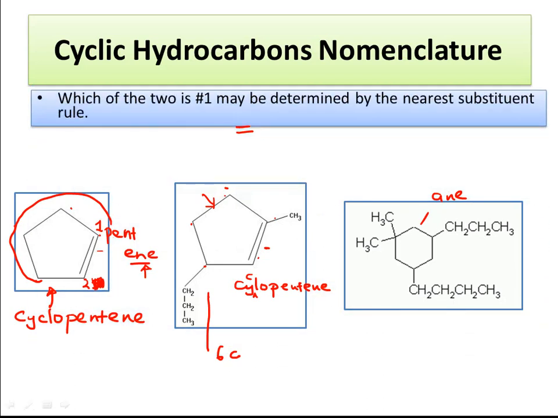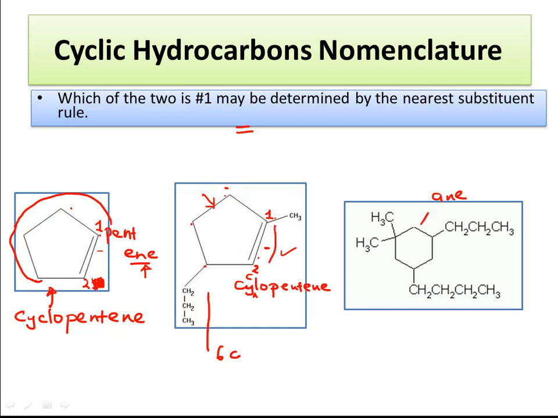Okay, moving on, let's take a look at the next one. Which of the two is number 1 may be determined by the nearest substituent group rule. So let's take a look at this example here. If I decide to say this is carbon number 1, I have to make this one carbon number 2 by default, because they have to be numbered consecutively.